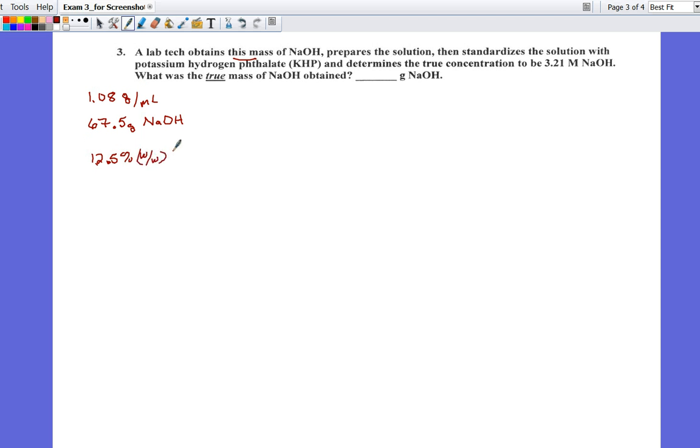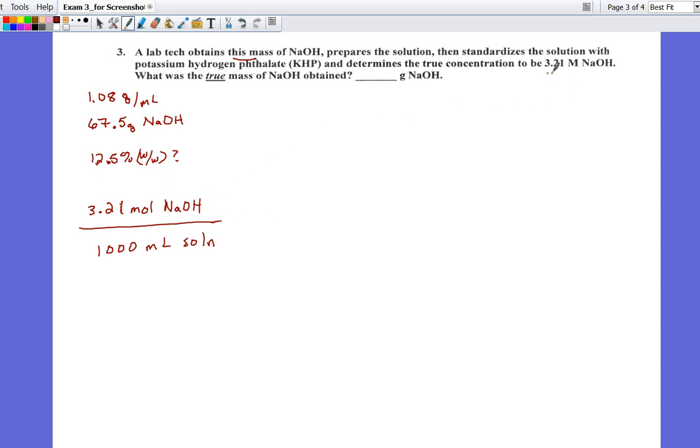That's what we intended to make, but we actually found out it was this. So 3.21 moles of NaOH per 1,000 milliliters of solution. That's what we really made.